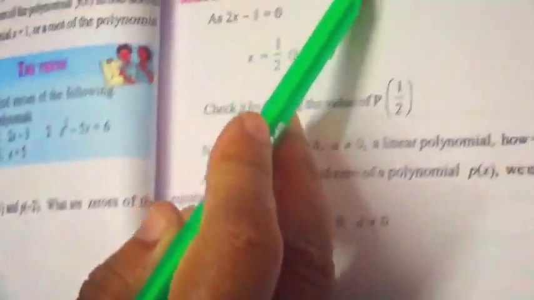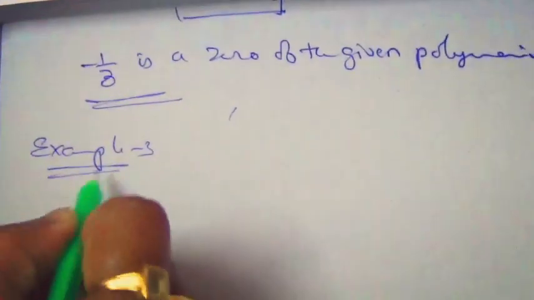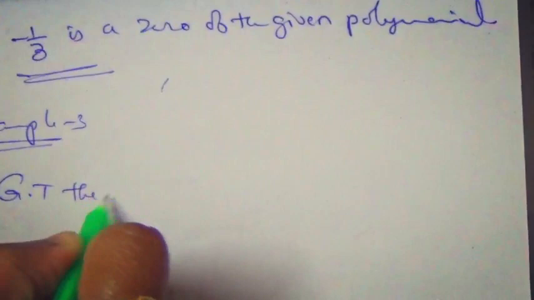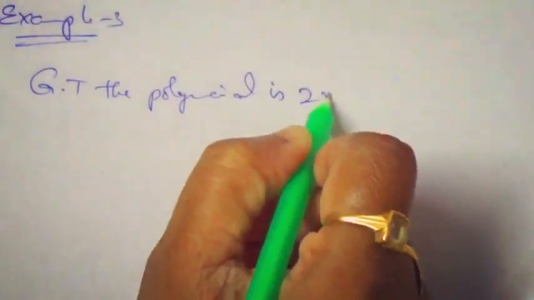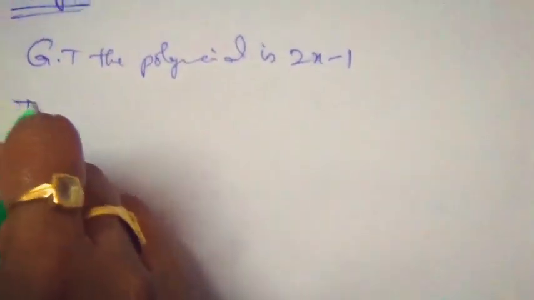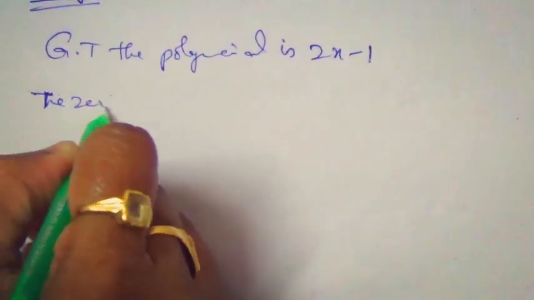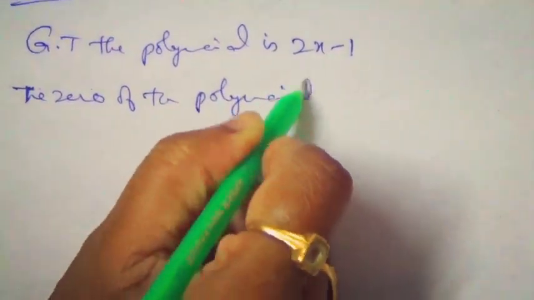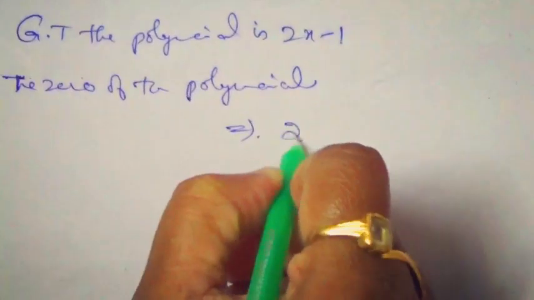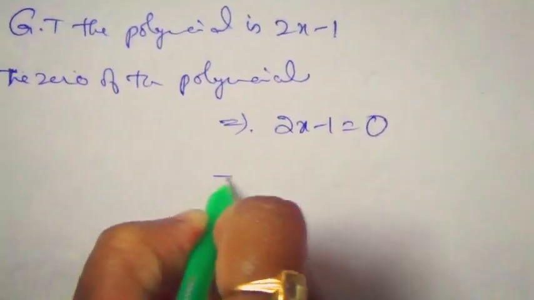Now look at example 3. Find the 0 of the given polynomial, just like the above sum. Given that the polynomial is 2x minus 1. The 0 of the polynomial is 2x minus 1 is equal to 0.